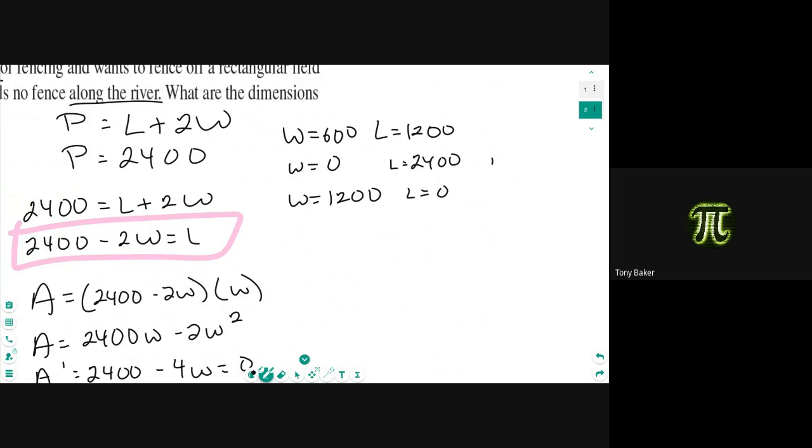Second two are easy. So those don't work. What's 600 times 1,200? 720,000. So that is my maximum. Those are the dimensions that are going to give me my maximum.